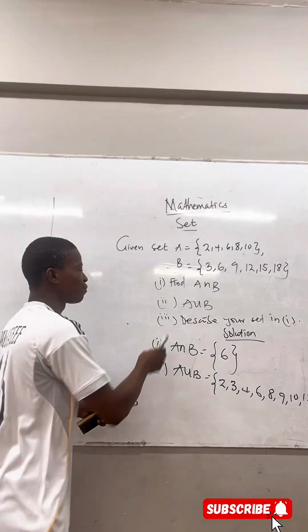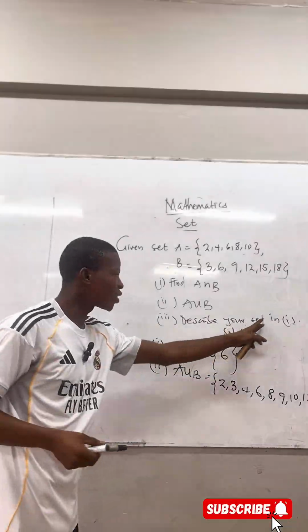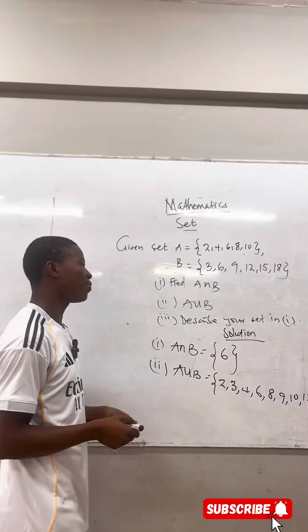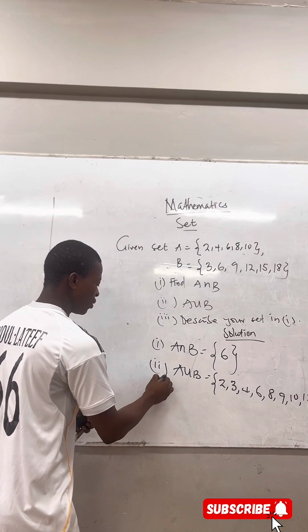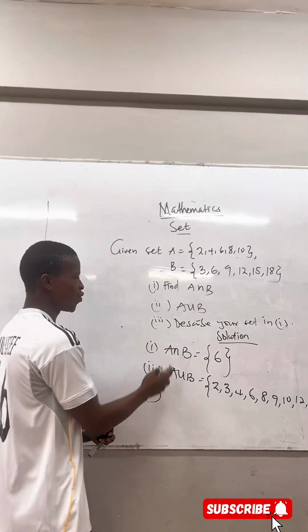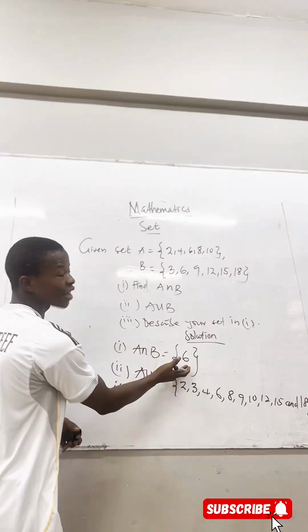Now they are saying that we should describe our set in I. So this is our I. We should describe our set. So our Roman number 3, we should describe our set. Now the set, this is our set.